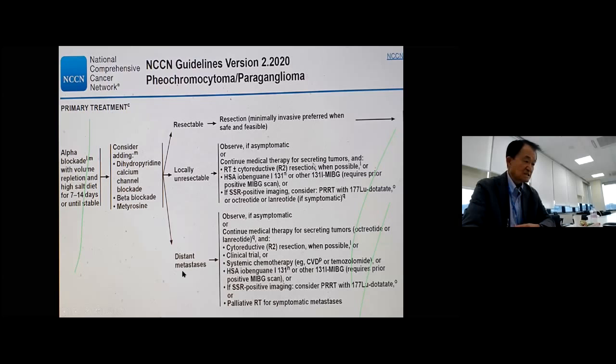Distant metastasis, certain, if the lesion may be obstructing certain organs, then you need certain reduction surgery, but basically various chemotherapy, including temozolomide, and some peptide radionuclide therapy.